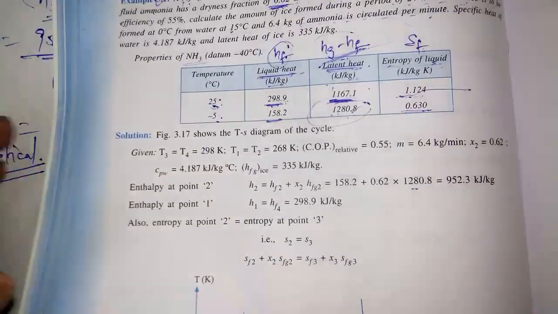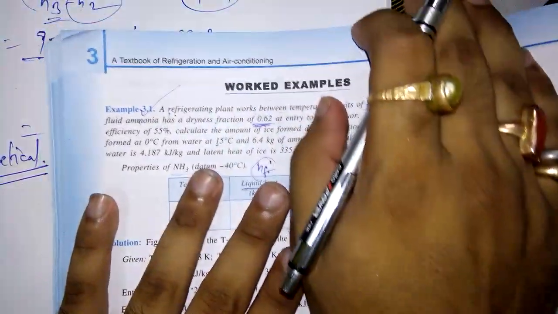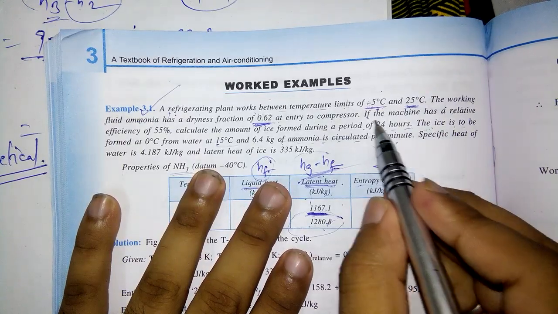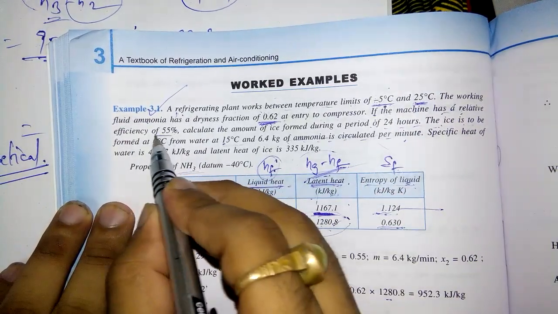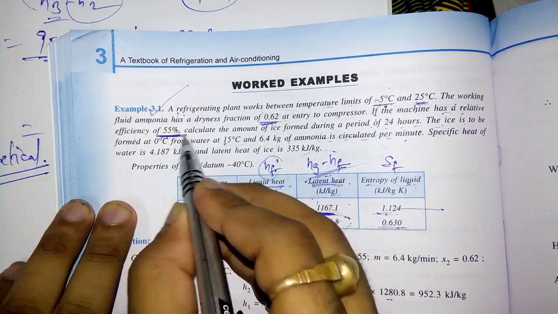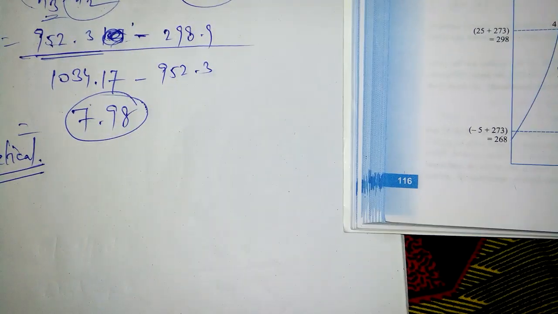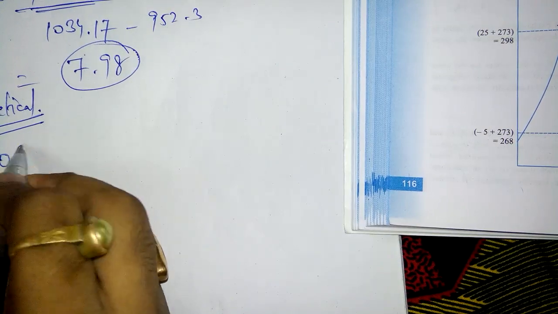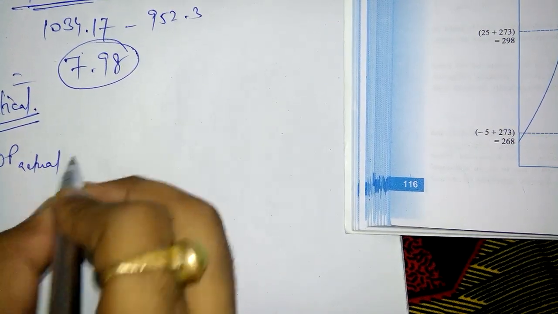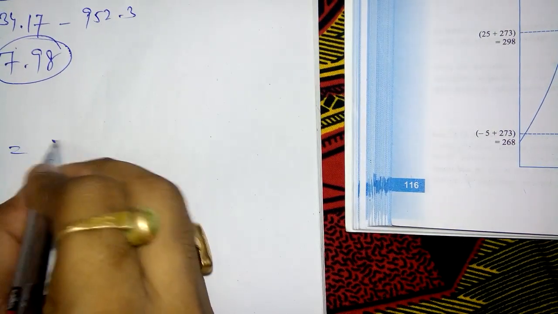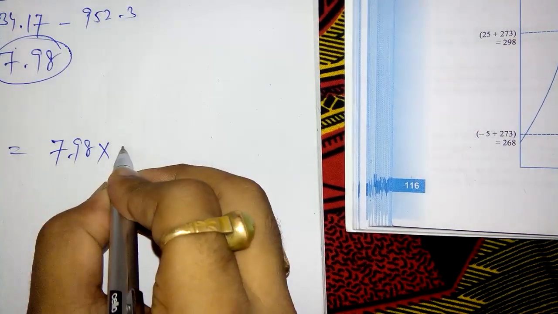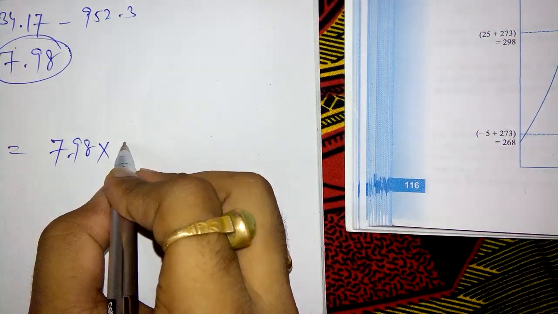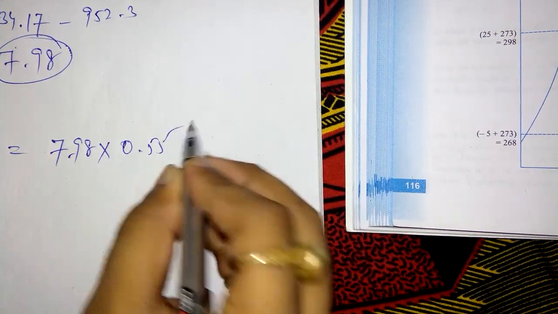In the question they have given very important data: the machine has a relative efficiency of 55%. So what will be your actual COP? COP actual is the theoretical COP 7.98 multiplied by the efficiency 0.55.